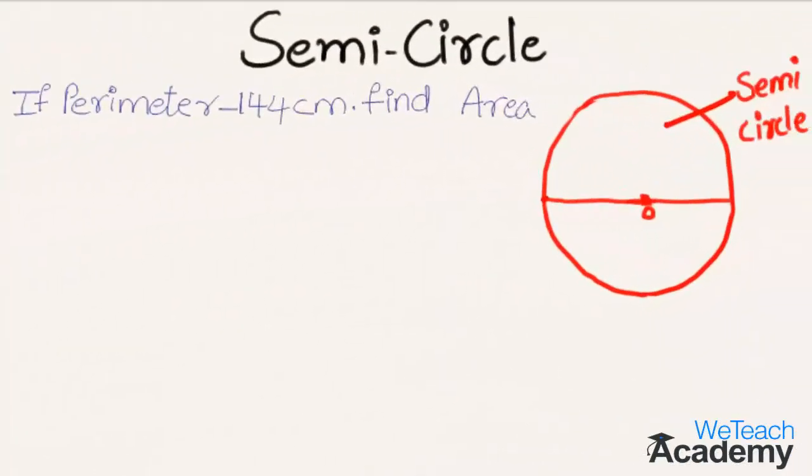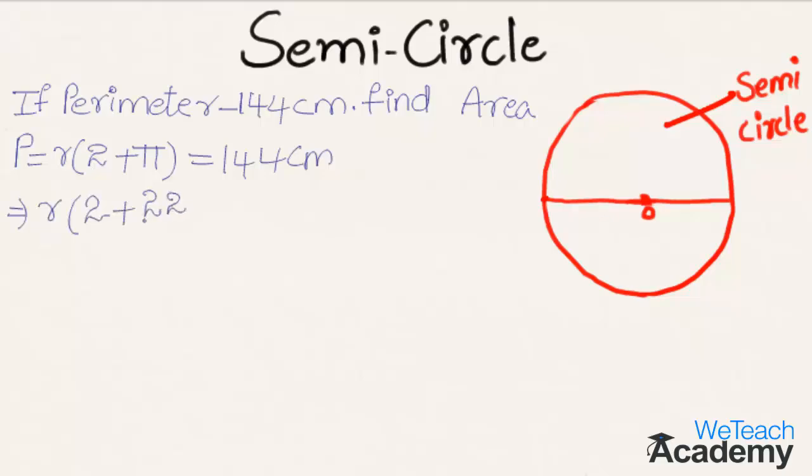Now let us try to solve an example on perimeter. The given example is: if the perimeter of a semicircle is 144 centimeters, then find the area of the semicircle. We are given the perimeter. The formula for perimeter is r into (2 plus pi), so let us write perimeter is equal to 144 centimeters. By equating both, we get the radius value. By writing the value of pi, we get r into (2 plus 22/7) equal to 144.